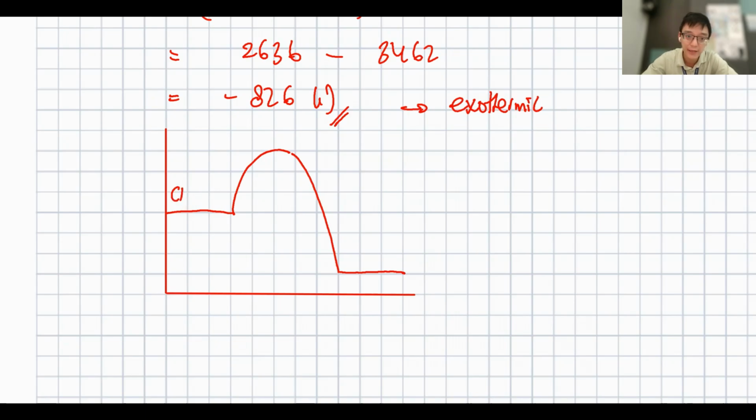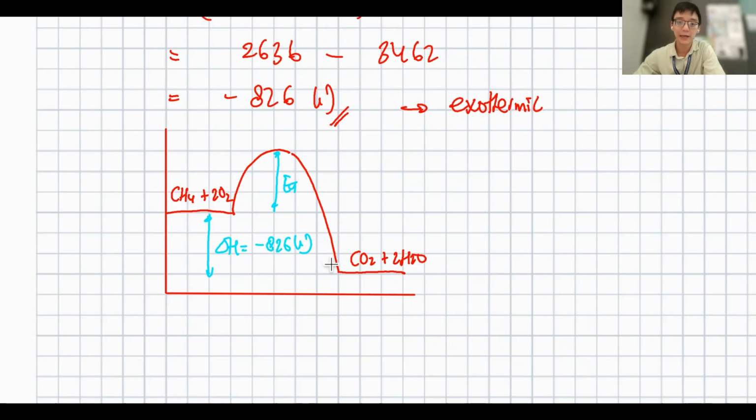This part here should be the reactants, so methane and oxygen, while this part here should be the products, so CO2 plus 2H2O. And then you need to label that this here is the change of energy, which is negative 826 kJ. And here is the activation energy. So this is the complete diagram of this reaction, which is exothermic.